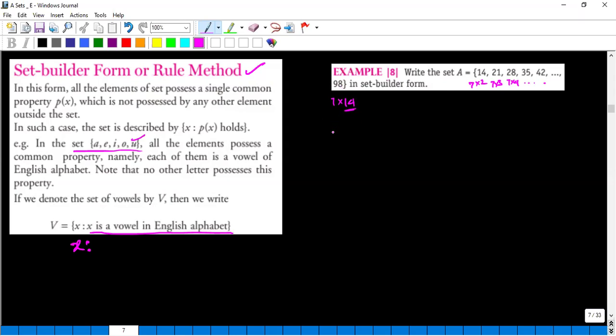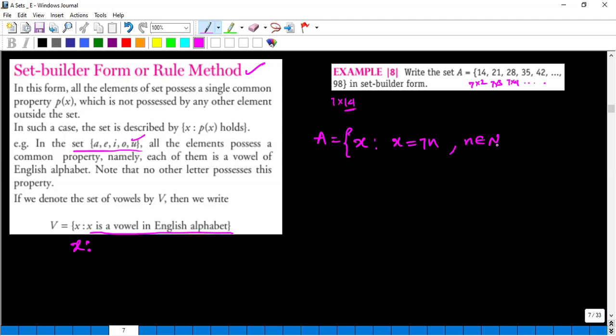So how can you write the set builder form for this? First thing you need to find out the pattern. Second thing, you will frame the condition. I'm taking x such that x is 7n where n belongs to N. I just told that capital N means the set of natural numbers.